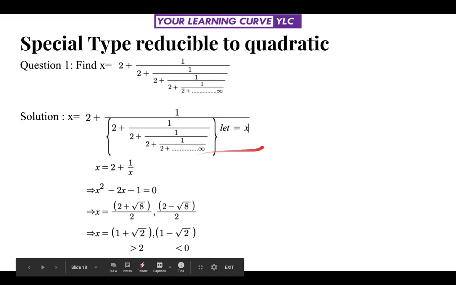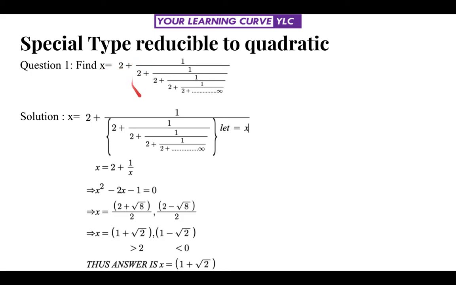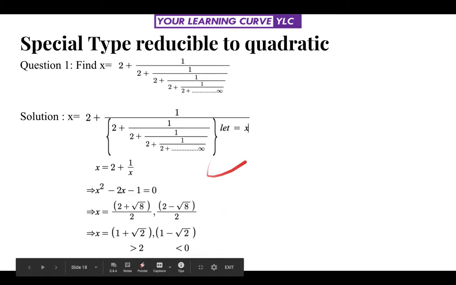You observe x. X is what? 2 plus something which is positive, then this result has to be greater than 2. This cannot be less than 2 and certainly not a negative number. So the answer is x is equal to 1 plus root 2.